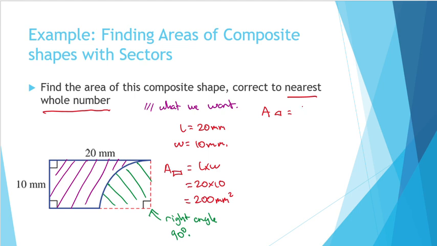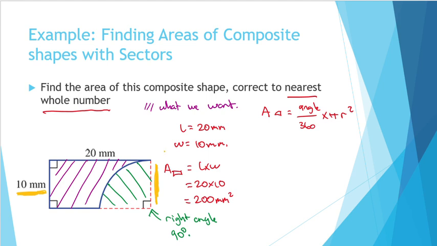So I now have angle over 360 times pi r squared. But then again, you're going to ask, oh, what's my radius? Well, as you can see in yellow underlining, this 10 millimeters for the width of the rectangle is pretty much the same width here as well.